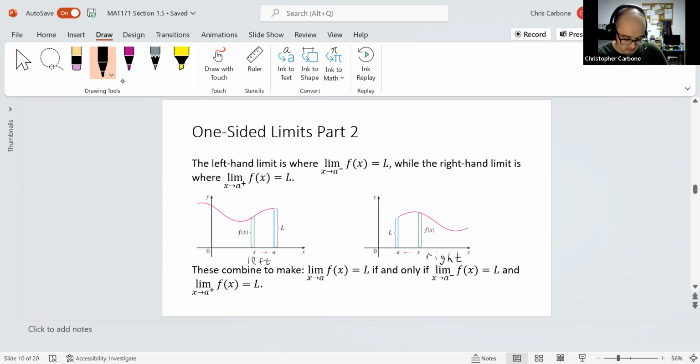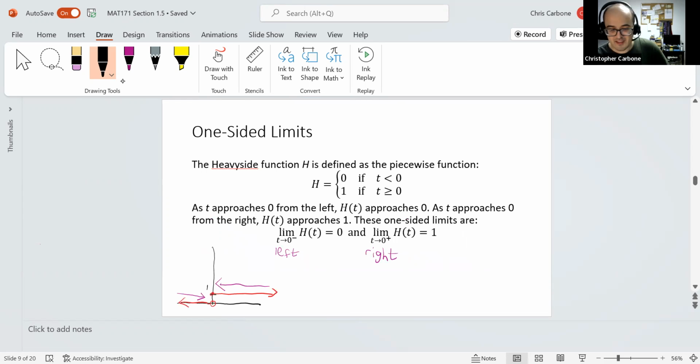Which is why, and let me just go back for one quick second, since these two are different, the overall limit as the value of t here approaches 0, not from either side, since we could see the limits are two different numbers, this limit of H of t, the overall limit, does not exist.